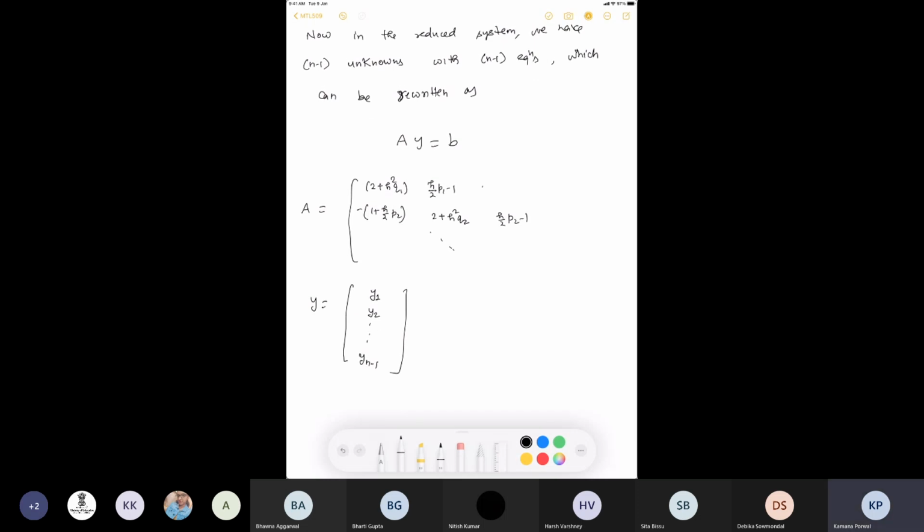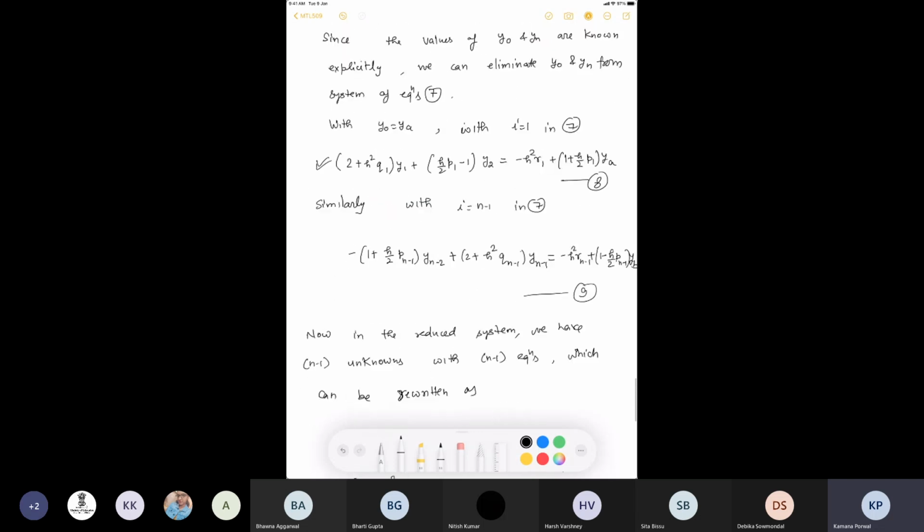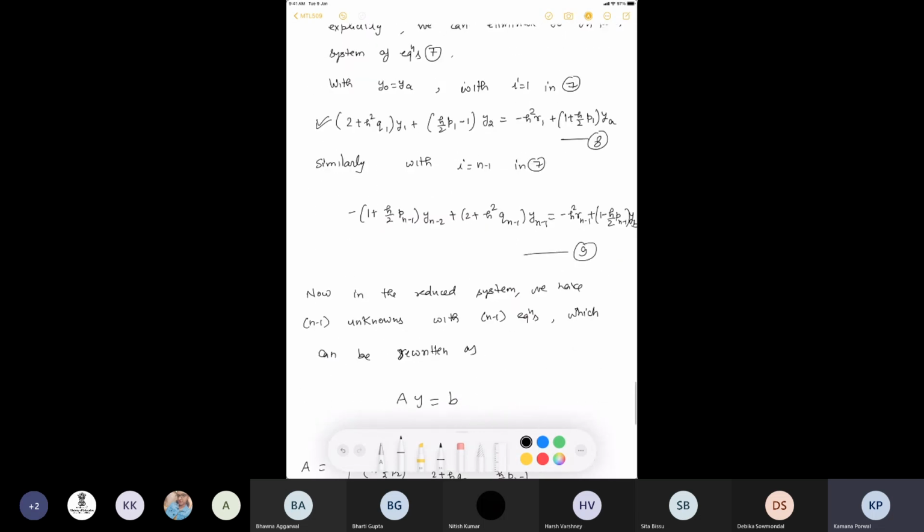Now let me write the last two equations. So for the last two equations, the last three entries are going to be (-1 + h/2 p_{n-2}), (2 + h² q_{n-2}) and (h/2 p_{n-2} - 1). Okay, and the last row is going to be this equation number 9, right?